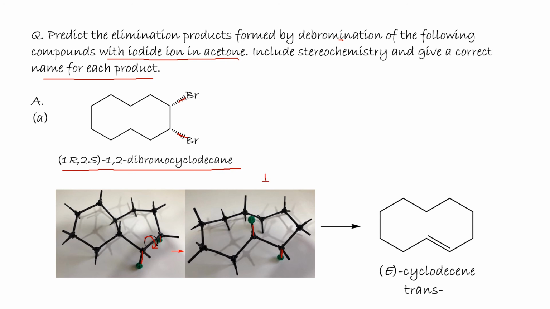Iodide attacks on this one. See the position here of the alkyl group around the double bond: one is up here and the other R will be in the opposite direction, so we are getting trans, or what we call E-cyclodecene.